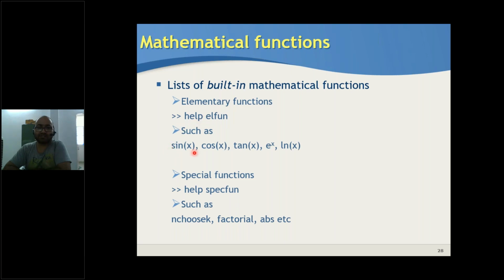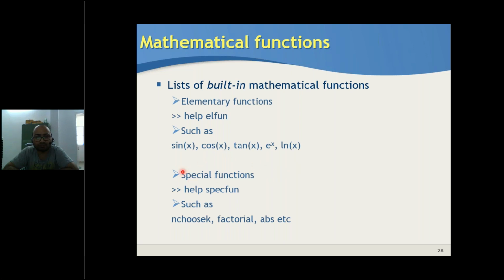These functions are like sin x, cos x, tan x, e to the power x, and ln x. Like these, all the elementary functions which we generally use in our elementary mathematics can be found in the particular elementary functions section. Now there are some special functions also available in MATLAB.